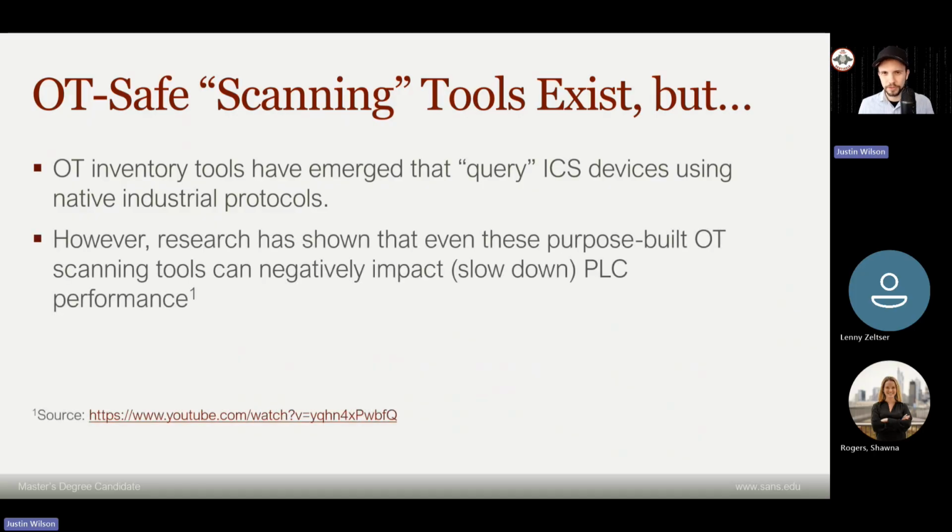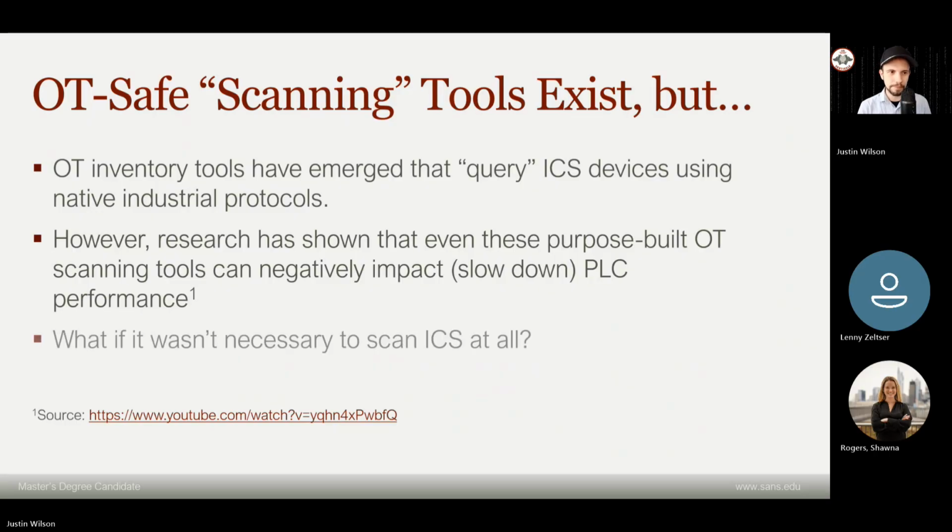However, there has been research showing that even these OT-centric scanning tools can have an impact on the performance of PLCs. Specifically, it can slow down the scan time, or in other words, the amount of time that it takes to execute instructions. They can slow that down in some cases by up to double. And that could be bad news for a high-speed network, for a high-speed process.